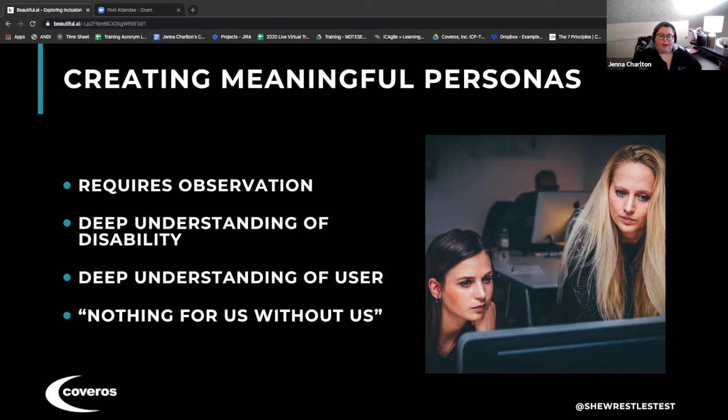And again, this idea of having the conversation with disabled users, there's a phrase that you hear a lot in the disabled community, which is "nothing for us without us." You never want to build something with the intention of it being released to disabled users or for a disabled community and not include them in the conversation and not include them in the design and not include them in the use. I want to give a really, really good example of this.